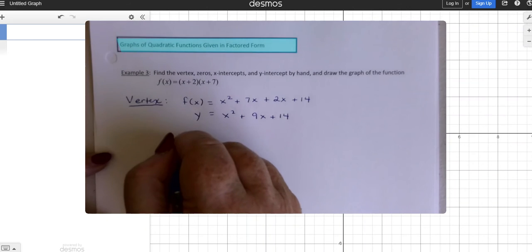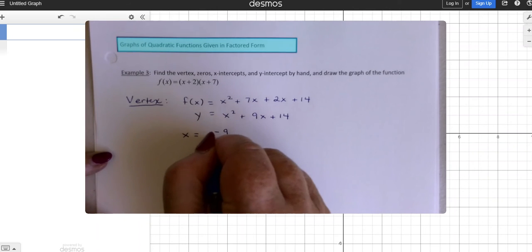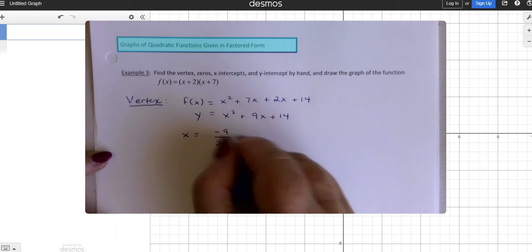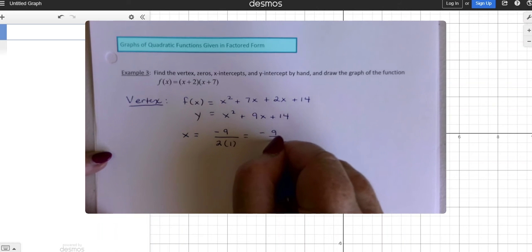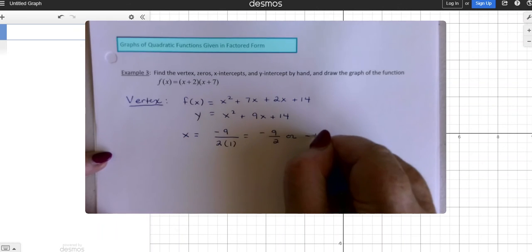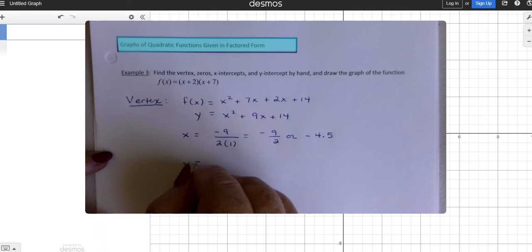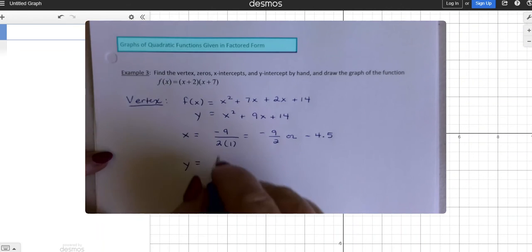And now using my vertex formula, x would be negative 9 over 2 times 1. Minus b over 2a is negative 9 halves, or negative 4.5. To get the y value, I'm going to take that value and plug it back in to my original function.